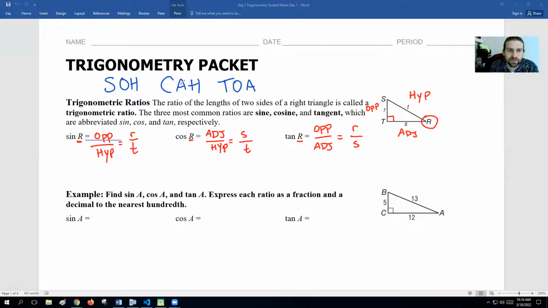An easy way to remember that is SOHCAHTOA. Some old horse caught another horse taking oats away. Just easy ways to remember these trig ratios and how we get them set up. This section is really easy as long as you know how to set it up. If you don't, it can be very difficult.